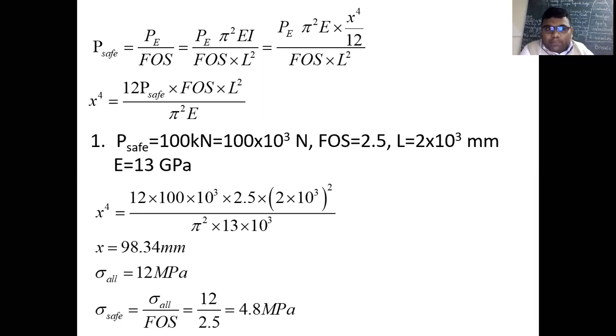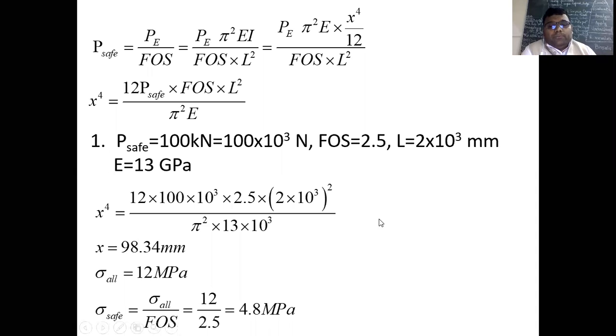Are you getting my point? P safe is the value at which the column is safe, and it can be obtained only if you divide PE by the factor of safety. We have already discussed the utility of the factor of safety and why it is used.